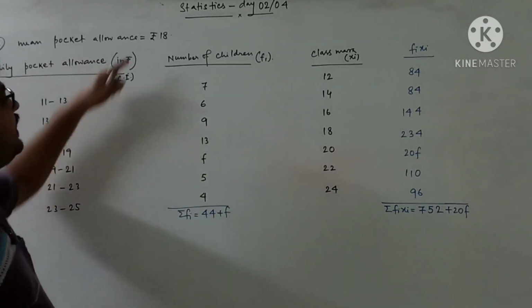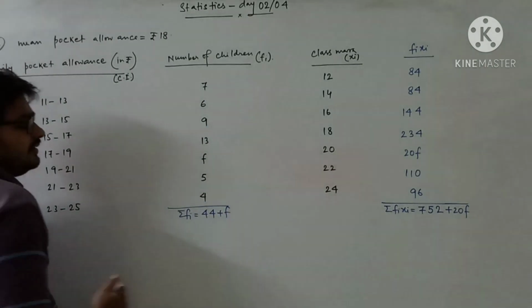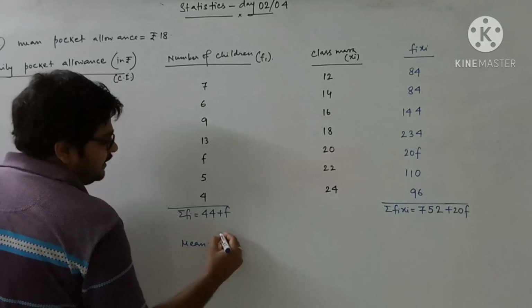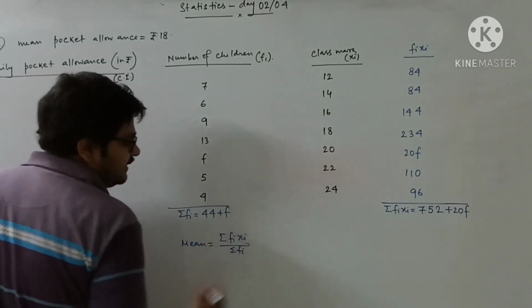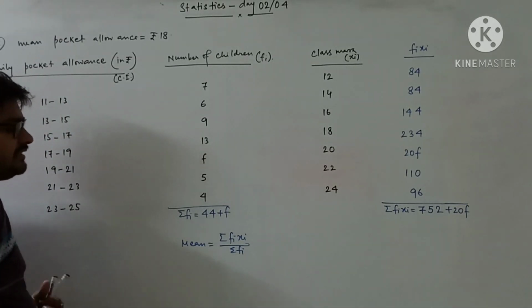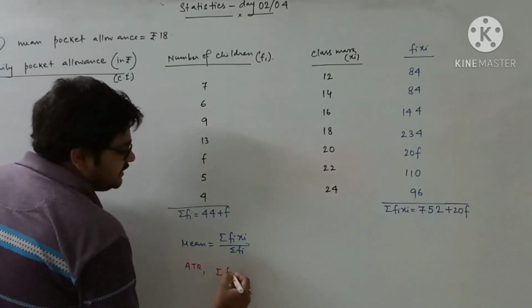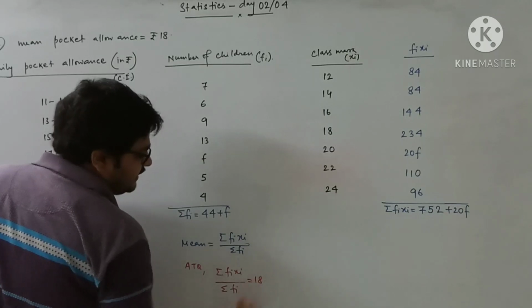Now the mean pocket allowance is given in the question as rupees 80. So we know the formula. Mean is equal to summation of fi xi by summation of fi. And according to the question, this mean is equal to 80. So summation of fi xi by summation of fi is equal to 80.